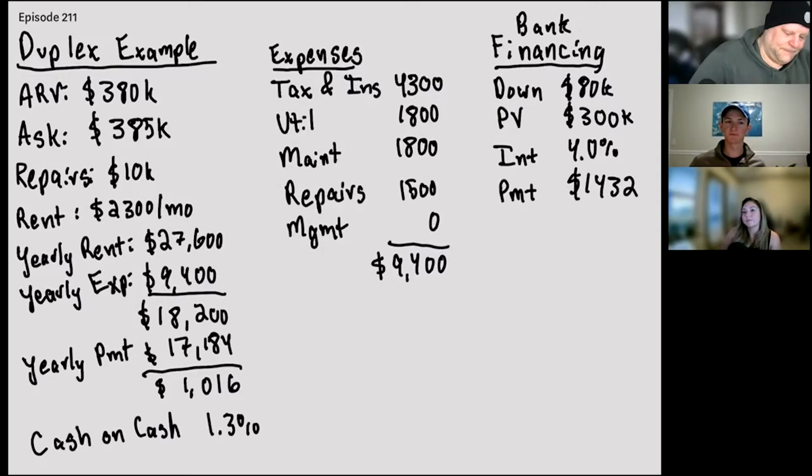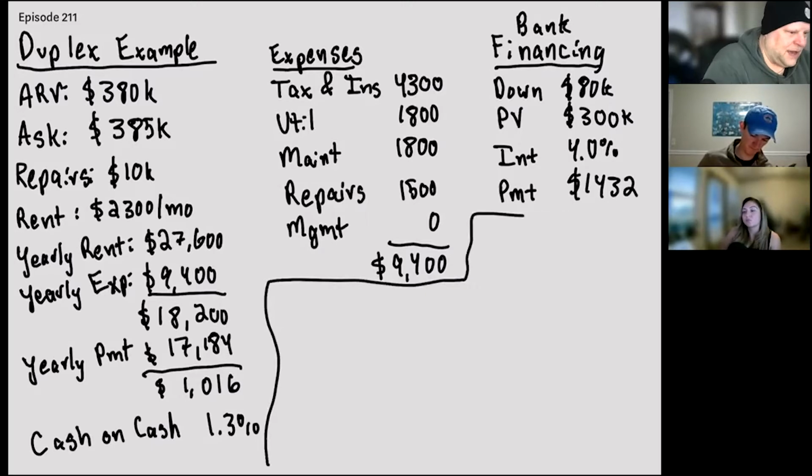So what could we do? We could pass, or let's try to get creative here. Okay. Yeah, because that was bank financing, right? Which tells me right off the bat, either the seller's asking too much, or the rents are too low and somehow need to be raised.